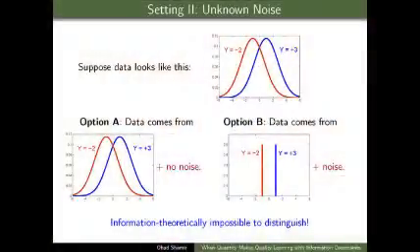Now the learner can think to itself, where did this data actually come from? What does the data distribution look like before the noise? He can think of at least two possible options. One option is that the distribution it sees is really the data distribution and there was no noise added. Another option is that the real data distribution looks like the figure on the right, and Gaussian noise was added which smeared this into a mixture of two Gaussians.